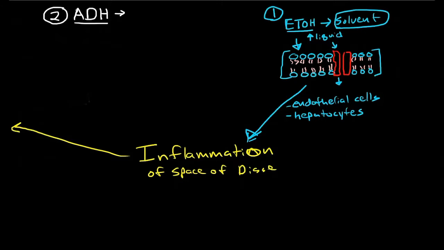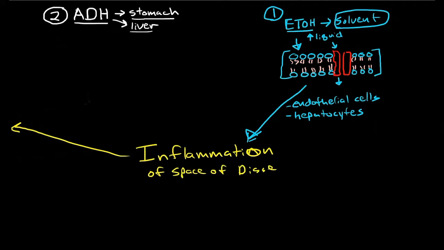This process actually starts in the stomach. Interestingly enough, one of the reasons that men can drink more than women without feeling the effects of alcohol as readily is because men have a higher concentration of alcohol dehydrogenases in their stomach. But we also have this in our liver as well.